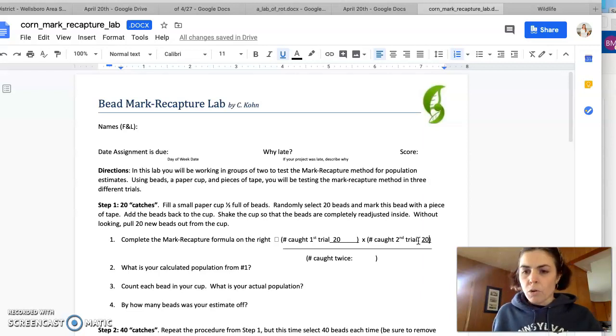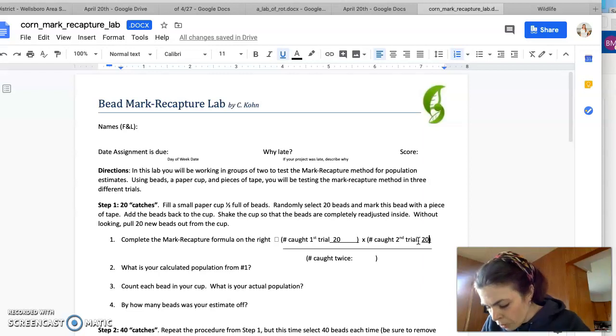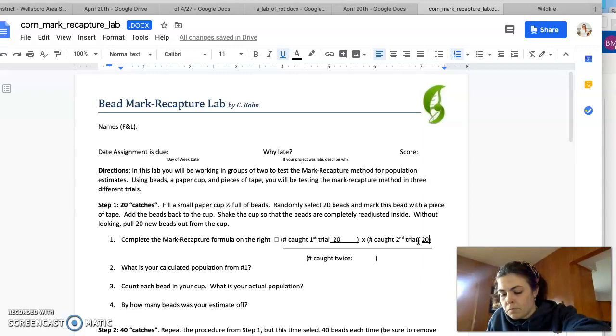Okay, sorry you can't see the corns, but I'm going to count them and I will report the results for you here. Okay, so I caught 5 of them twice.